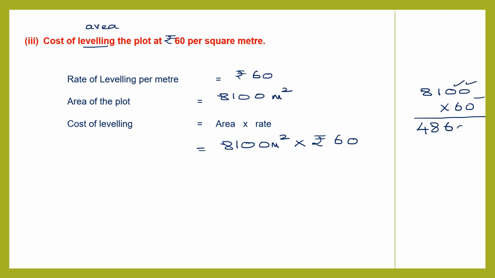So let's add the 3 zeros. So now we've got a number 4,86,000. So let's write that down. 4,86,000. And since we are finding the cost, the unit will be rupees. So we have found the cost of leveling the plot to be 4,86,000 rupees.